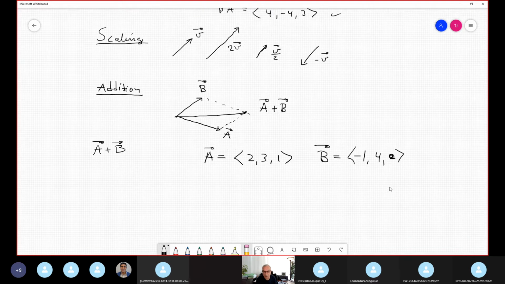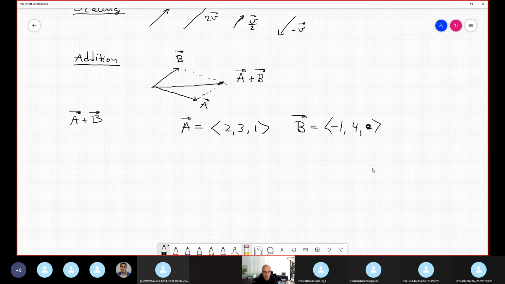Now, if you want to find the components of the vector A plus B, the only thing you should do is add: 1, 7, and 1. 2 minus 1 is 1, 3 plus 4 is 7, 1 plus 0 is 1. This is the geometric representation, the parallelogram rule, and actually it's the same thing algebraically. Okay, and subtraction. Subtraction is easy.